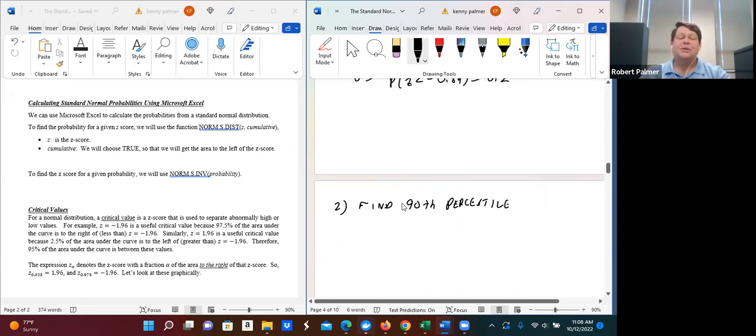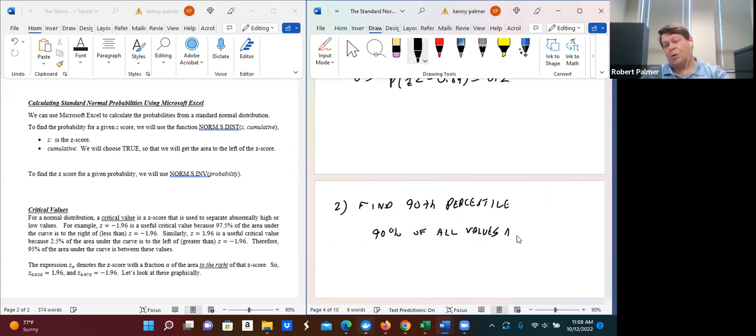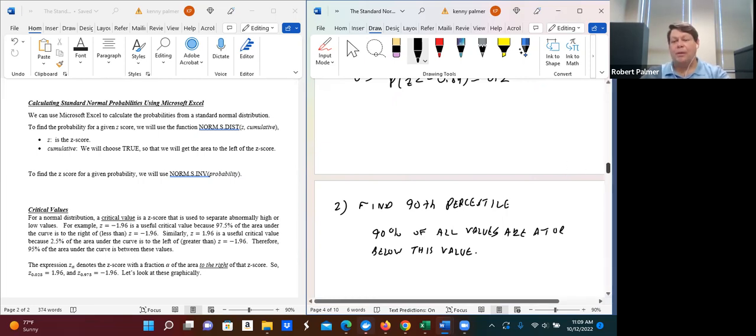So the 90th percentile, remember what that means, is that 90% of all values are essentially at or below this value. And by below, we mean less than.